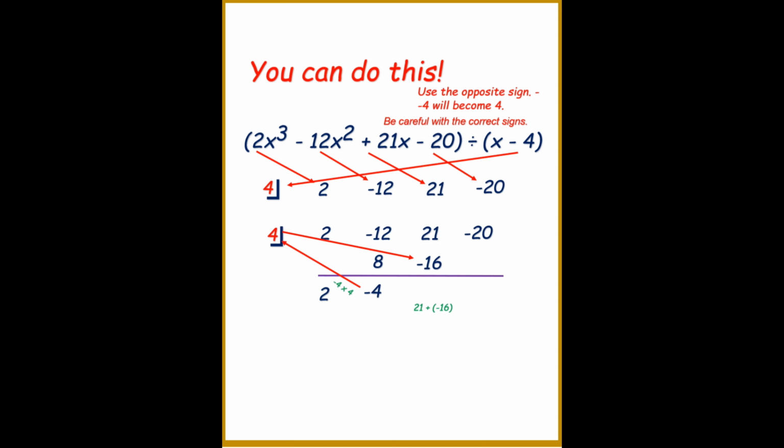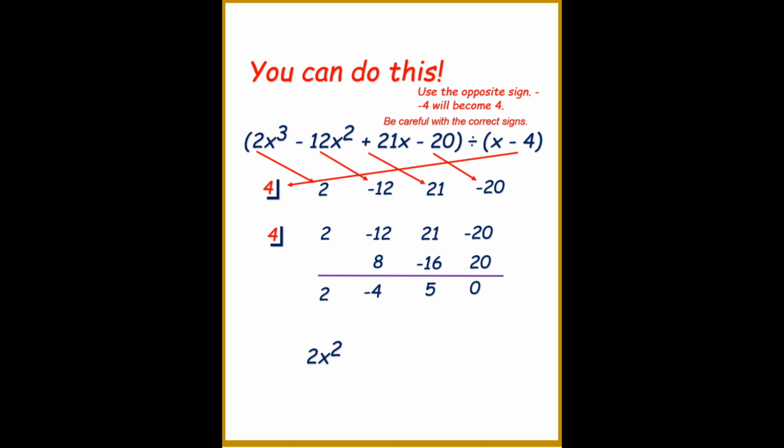Sorry for that. So 21 minus 16 is 5, and the sign should be positive because 21 is the larger number. So 5, and do the same process. 5 times 4 is 20, and -20 plus 20, the answer is 0.